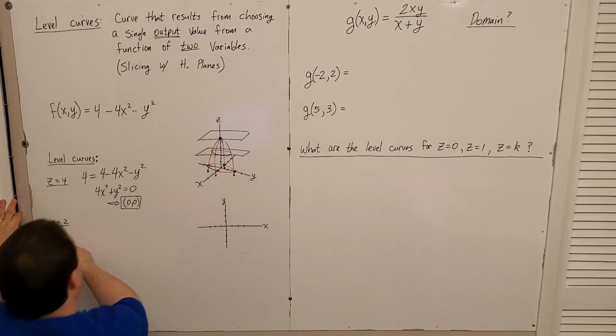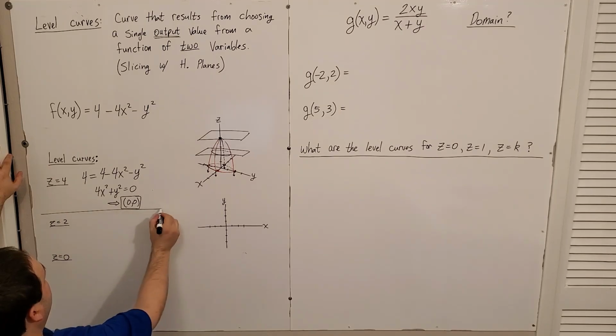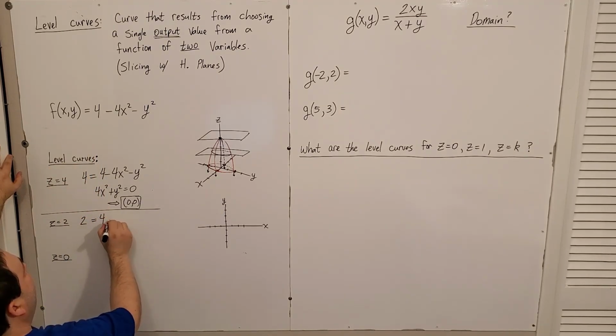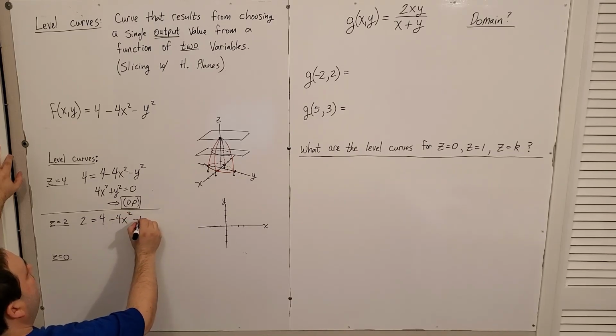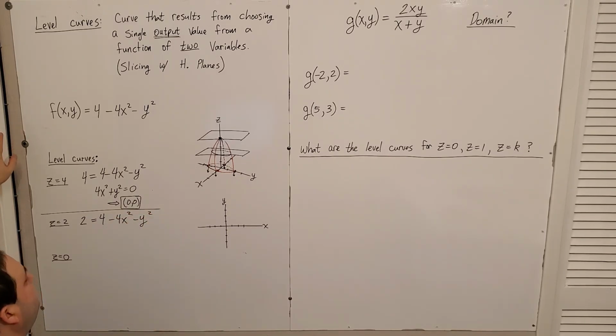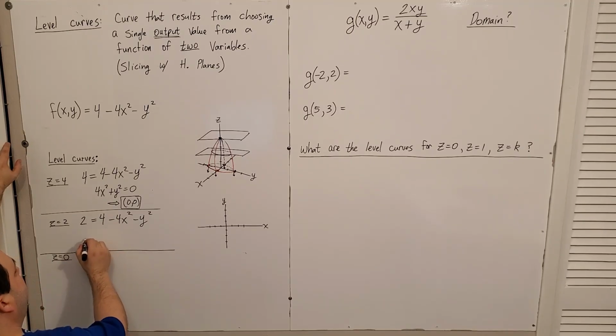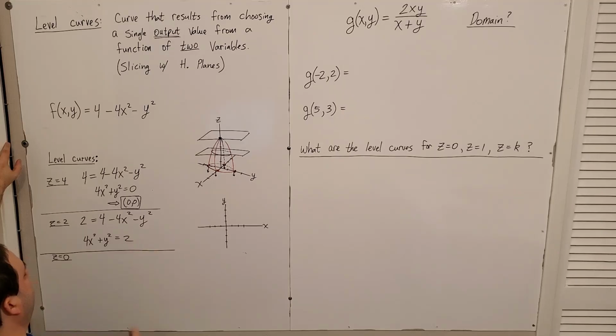Well, watch. When z equals 2, I have 2 equals 4 minus 4x squared minus y squared, which if I subtract the 2 and then move my variables around, I get 4x squared plus y squared equals 2.